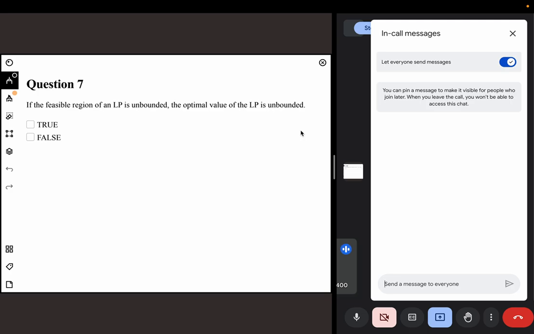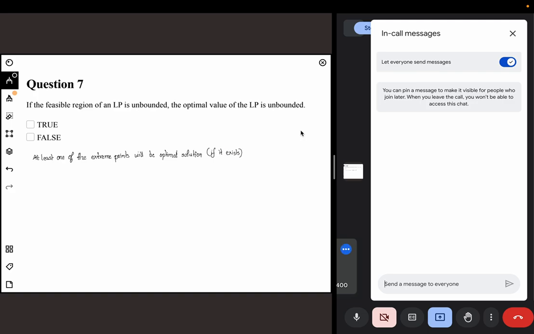What we discussed previously, when we discussed the Minkowski-Weyl theorem and further discussed what the optimal solution will be, is that at least one of the extreme points, if it exists, is an optimal solution.